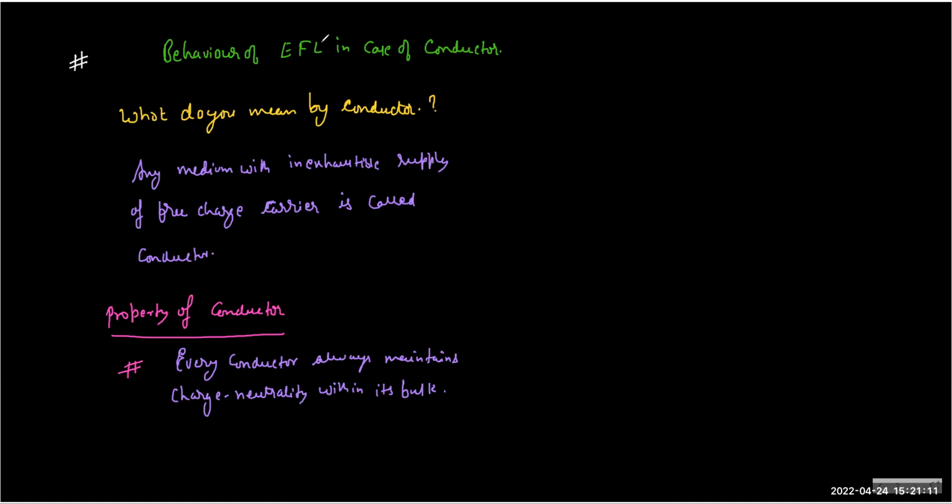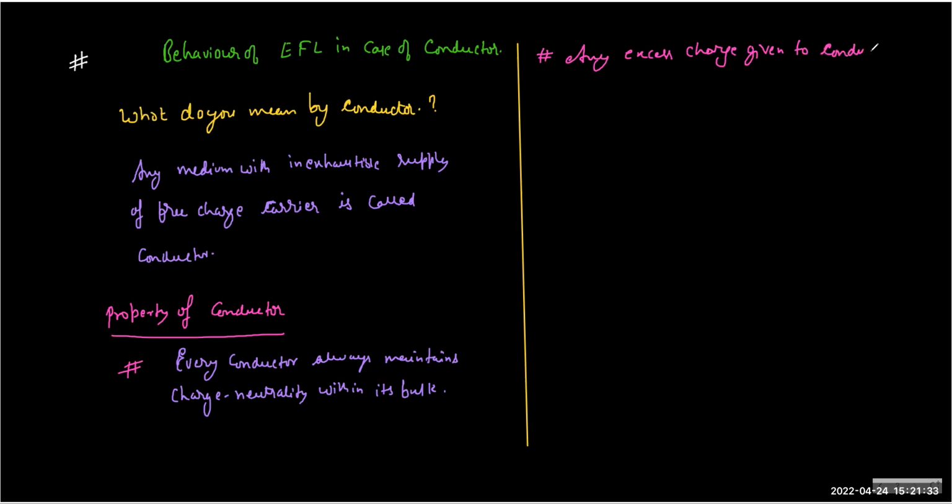And therefore, the second most interesting property: any excess charge given to a conductor will reside only on its surface.